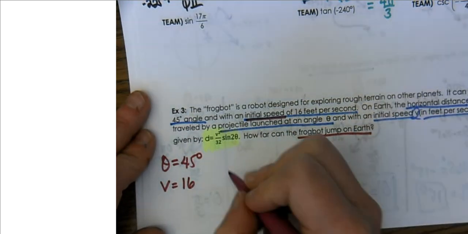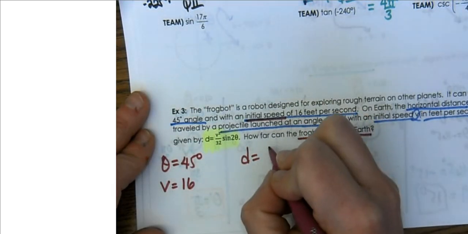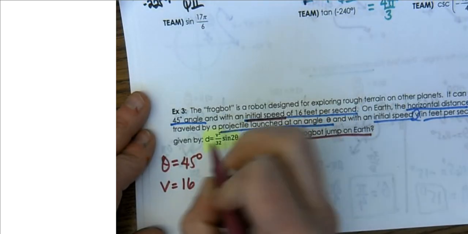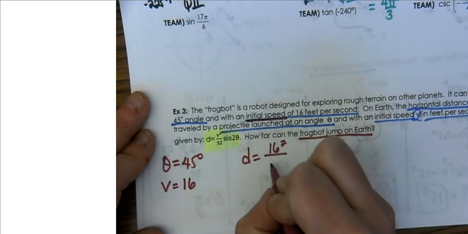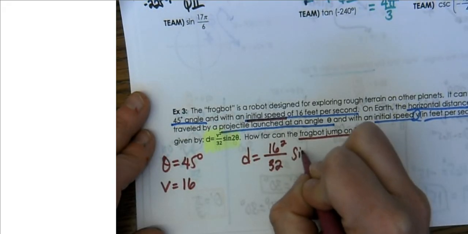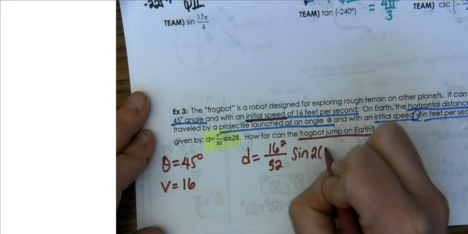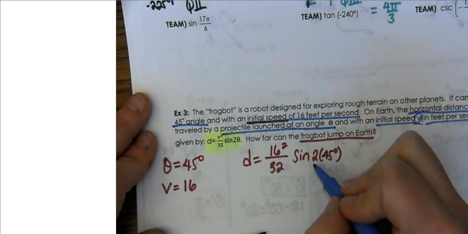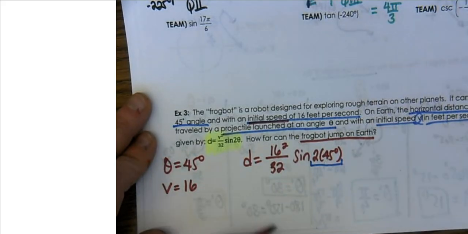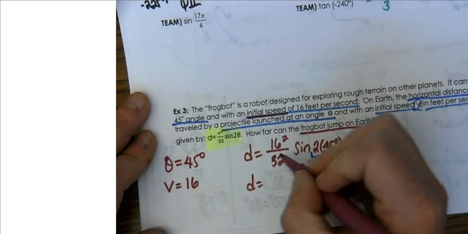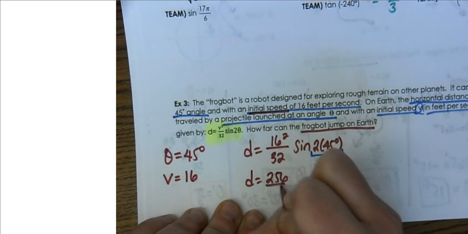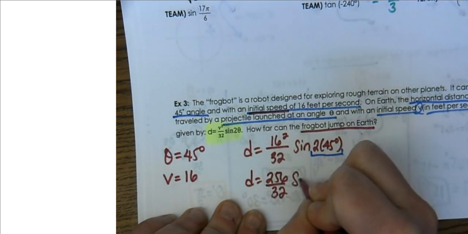So d is going to be equal to 16 squared, plugging it into this formula, divided by 32 times the sine of 2 times 45 degrees. Now we've got to calculate 2 times 45 degrees. And we also know that 16 squared is 256 over 32 times the sine of 90 degrees.